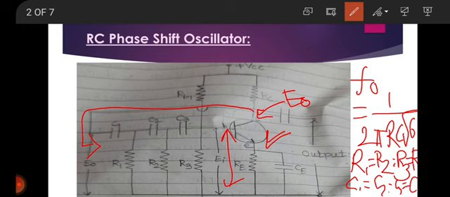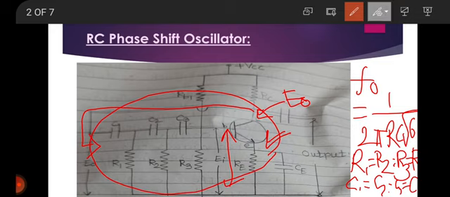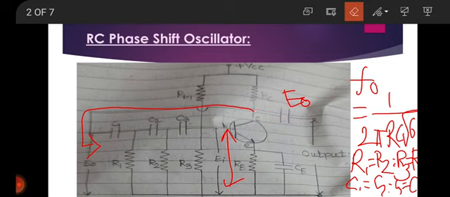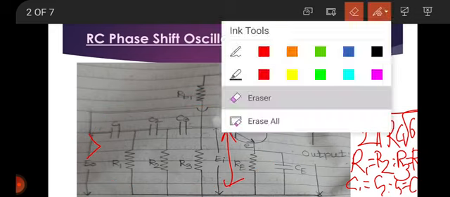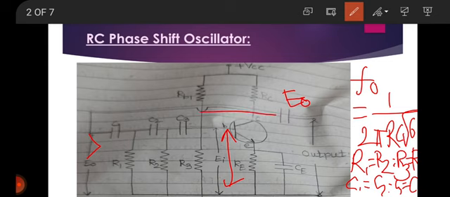Therefore, the total phase shift produced in the entire loop is 360 degrees.